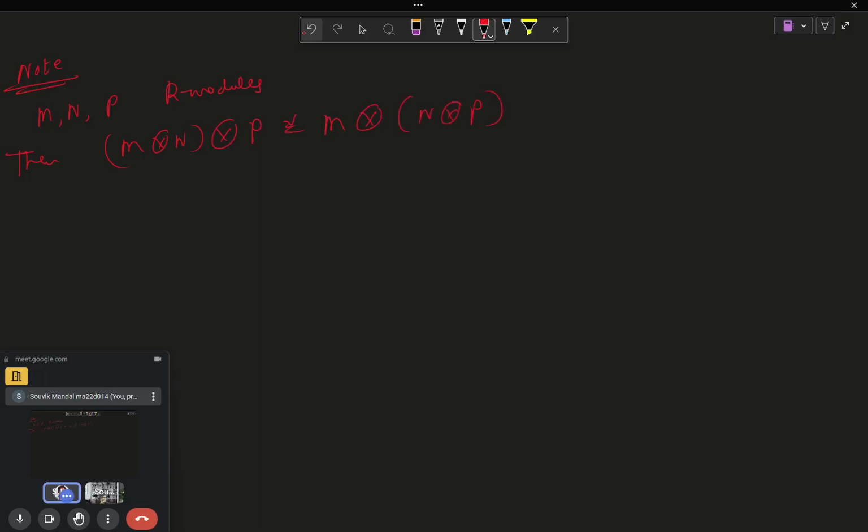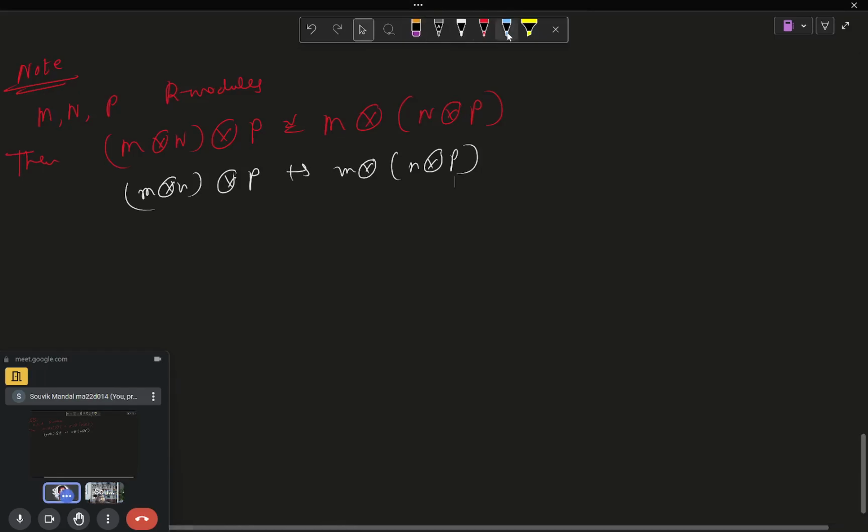Obviously you might guess that the map is very obvious. Anyway, I'm not doing the proof, so I'm ignoring it. Now there is something new.